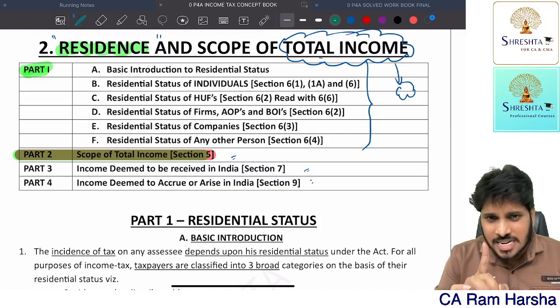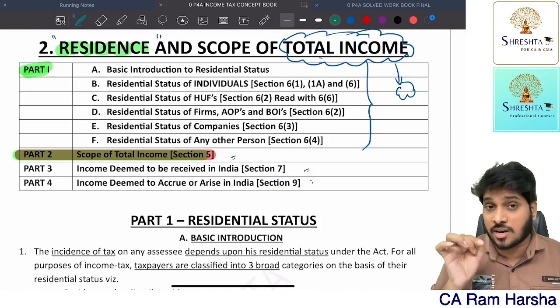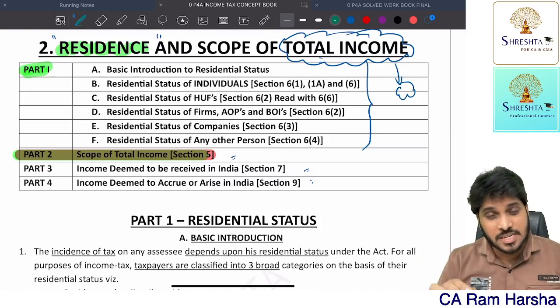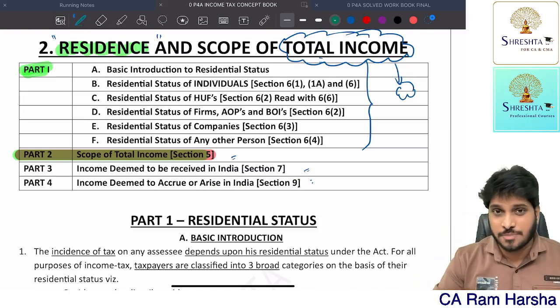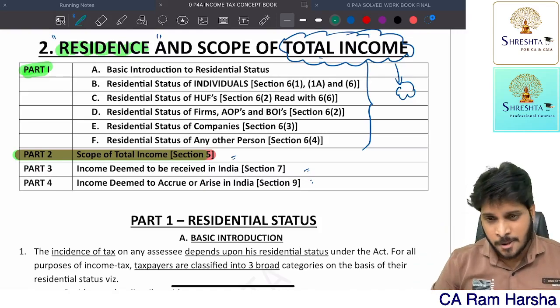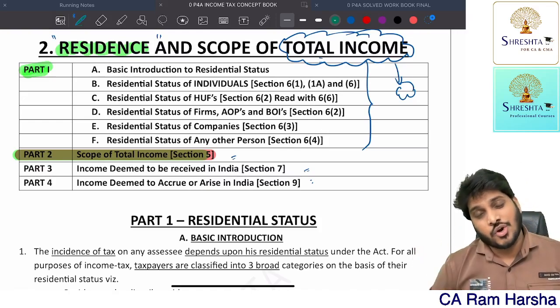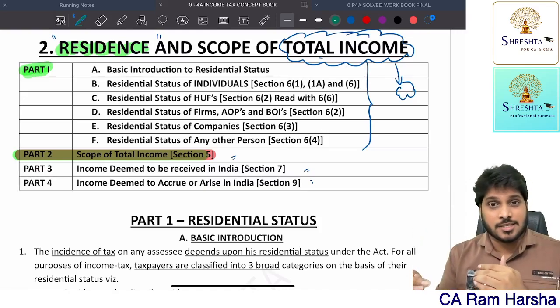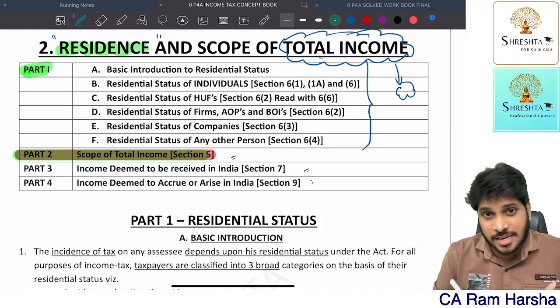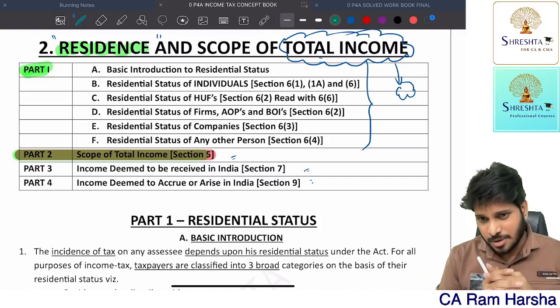Only one income in addition to non-resident that is taxable for RNOR is if it is a business or profession set up outside India but controlled from India. In case of business, set up from India. In case of profession, then it is taxable in addition to what is taxable for a non-resident. So this is the impact of the residential status on taxability of a particular income based upon source rule or receipt rule. So this we understood in the previous session.